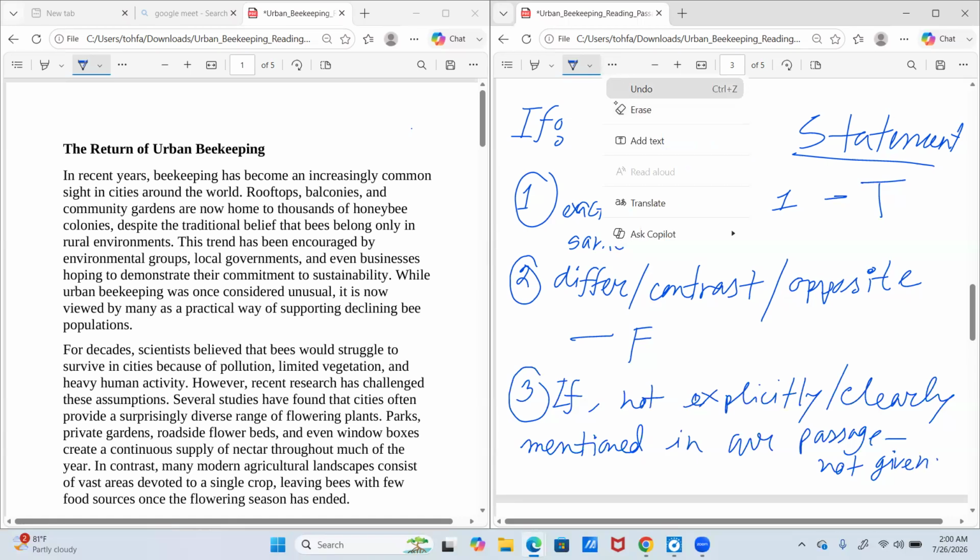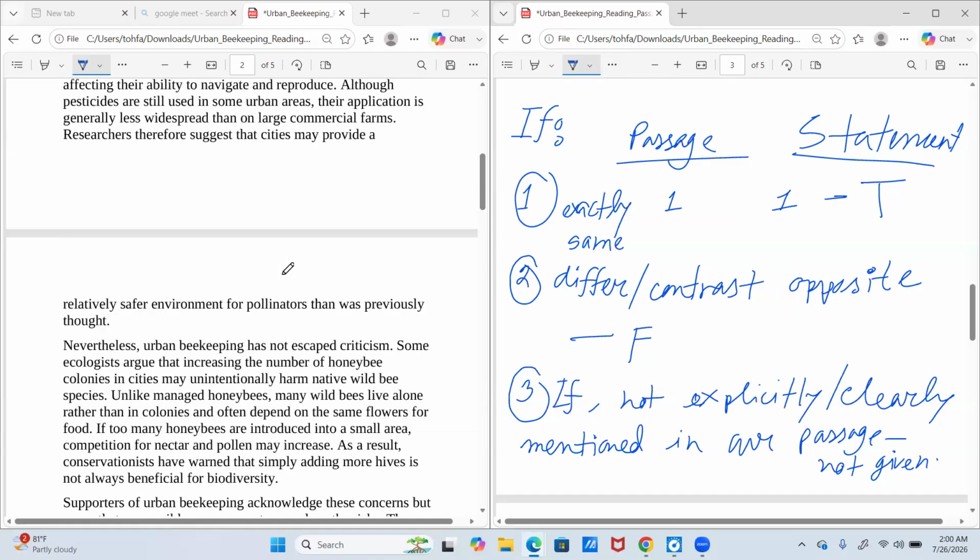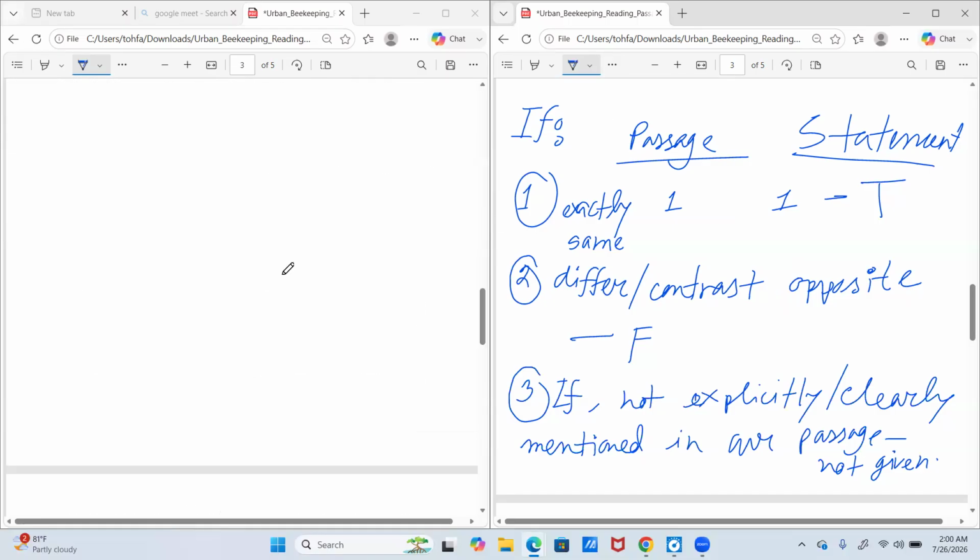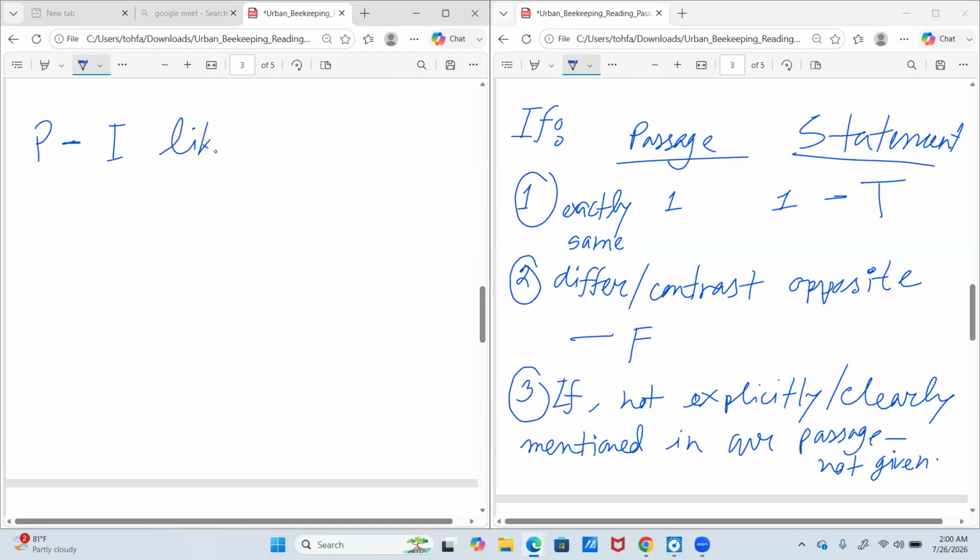Let's see a small example. Suppose our passage says, I like mangoes, and our statement says that I like to eat rice.